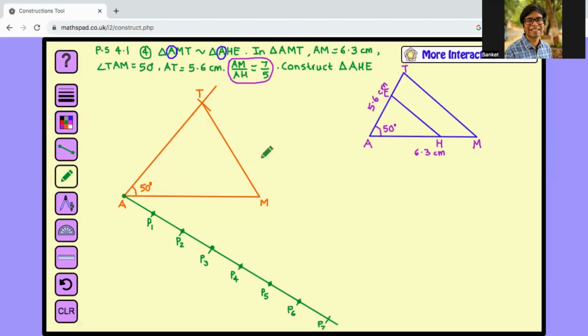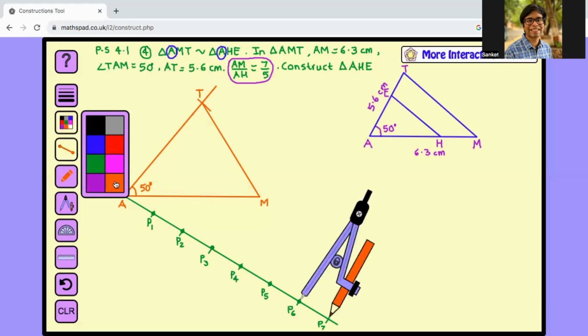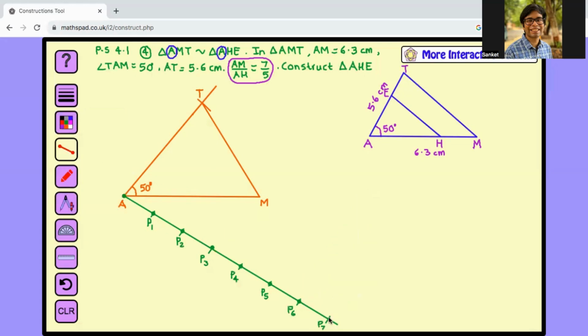Now this is the larger triangle. It is corresponding to 7 parts. So I'm going to join P7 to point M, because this is the larger triangle which is corresponding to 7 parts.